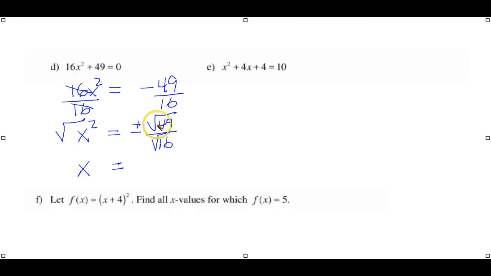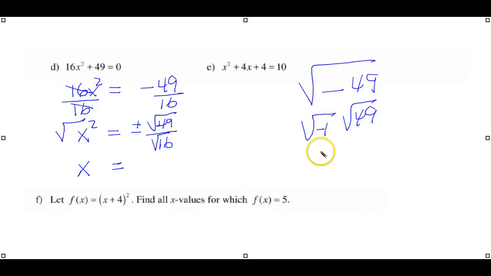But notice, I have a negative value. So the square root of a negative 49, you recall, is the square root of a negative 1 times the square root of 49. Square root of negative 1 was i, and this is 7. So our numerator up here becomes plus or minus 7i, and that is over the square root of 16, which is 4.